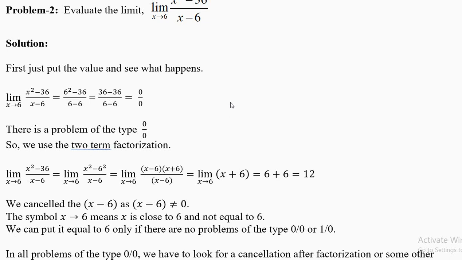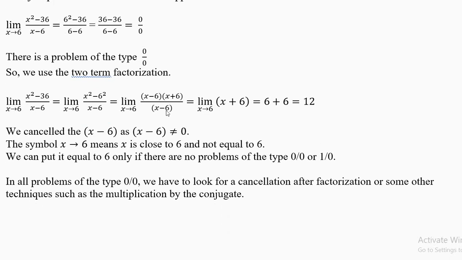What you will be doing in almost all the problems is cancelling something after factorization, or you will use some idea like conjugate. Now x square minus 36 is x minus 6 into x plus 6, because 36 is 6 square. Use your two-term factorization.